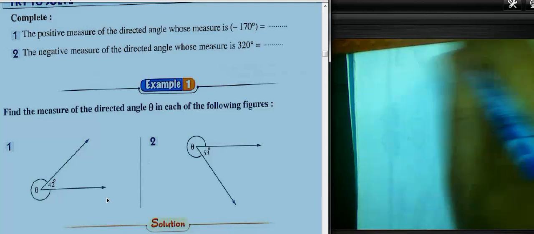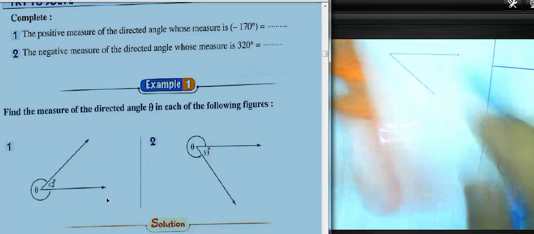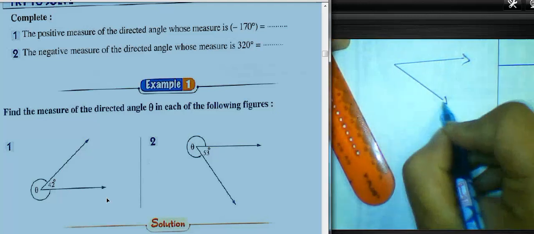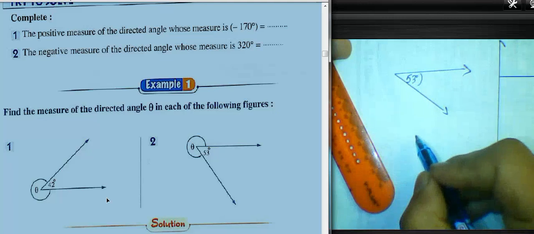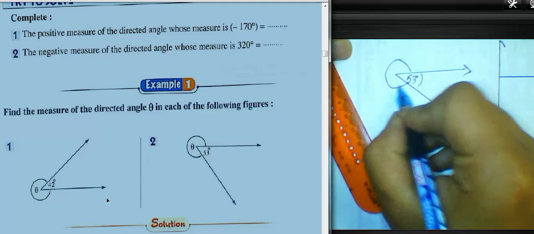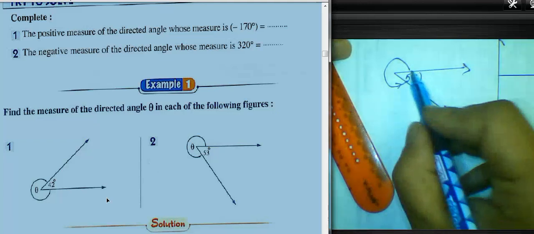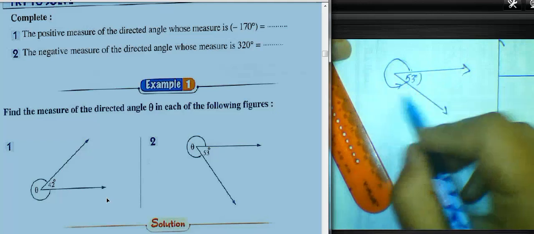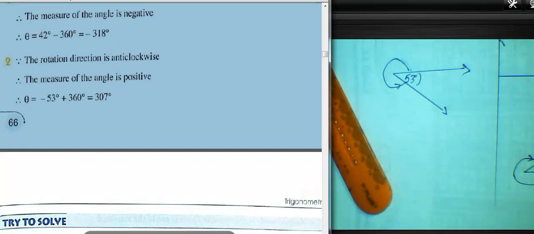This figure, we draw it here. This angle is 53 degrees and the direction is anti-clockwise. Okay, this is anti-clockwise, so the measure will be negative 53 plus 360.